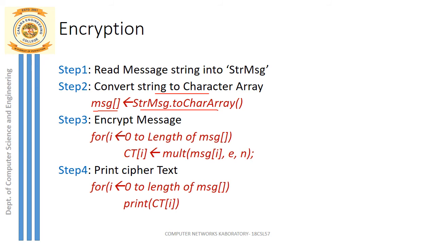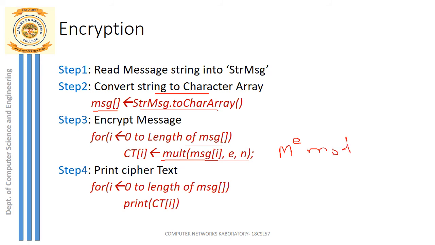Since we have to encrypt every character by considering the ASCII value, we go for a for loop or any loop, starting from the 0th index value till the length of the message. And we call the mult function to perform this operation, that is message to the power E mod n.